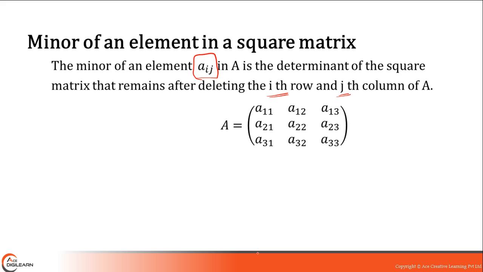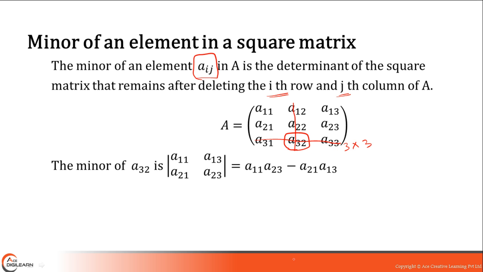For example, if A equals a matrix of order 3 by 3, which contains the elements a11, a12, a13, a21, a22, a23, a31, a32, a33. Let us find the minor of the element a32, which is obtained by deleting the row and column in which it is present, which is det of a11, a13, a21, a23.